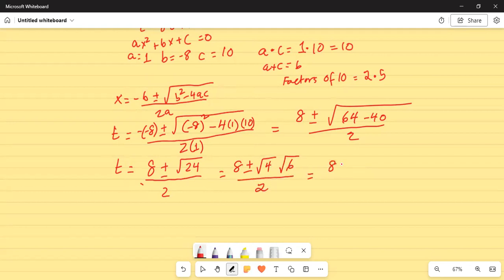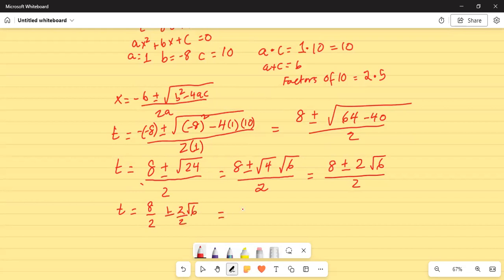So this is equal to 8 plus or minus 2 root 6, divided by 2. Now I will divide 2 into each of the terms in the numerator. So it is 8 divided by 2 plus or minus 2 square root of 6 divided by 2.